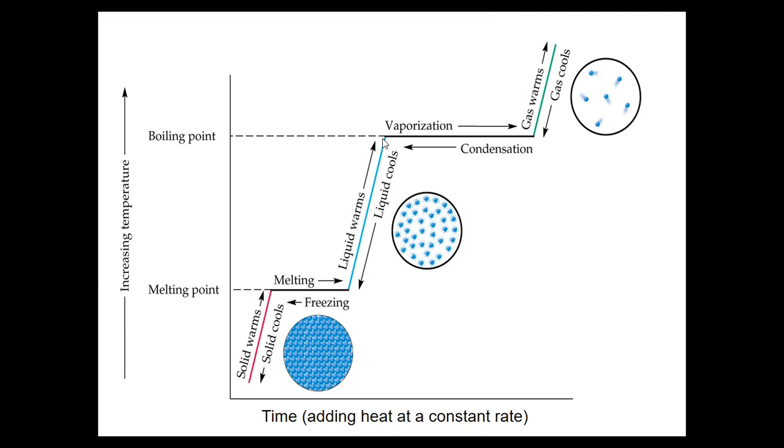Now, when the liquid reaches the boiling point, what I want you to see here is that once again, the temperature is staying constant as it boils. So here we have the liquid boiling, and we have a plateau. Once the liquid is completely boiled off and turned into a gas, once again, if you look at the y-axis, you will notice that now the temperature is changing once again as the gas heats up.